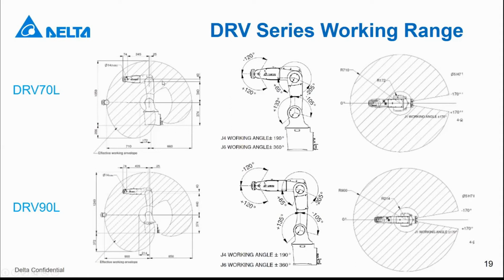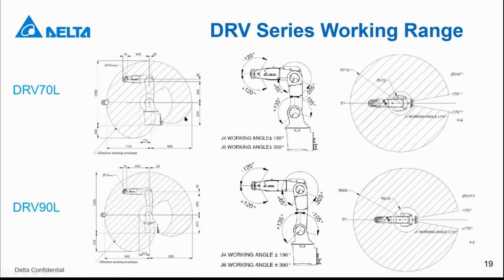And on the left, you can see the side view of the robot. The range is also very wide. This is 700 millimeters because it's the DRV 70L series. That means from the center here until here will be 700 millimeters.